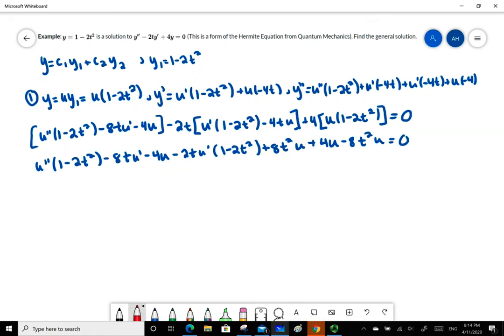As expected, all of the terms involving just a u cancel out, leaving only u prime and u double prime.